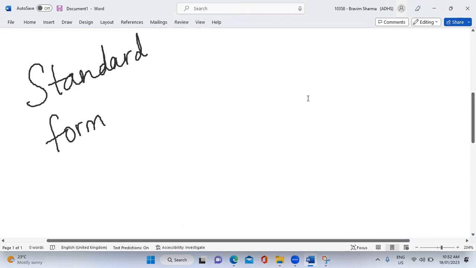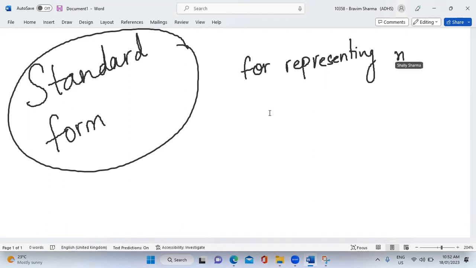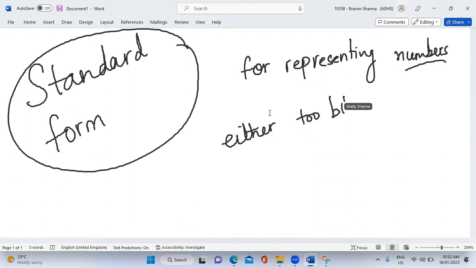Basically, what is the meaning of a standard form and what is its purpose? Standard form is used for representing numbers, but we do not use standard forms for all numbers. They are used to represent numbers which are either too big or too small.